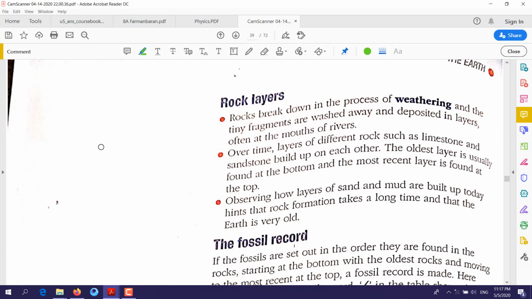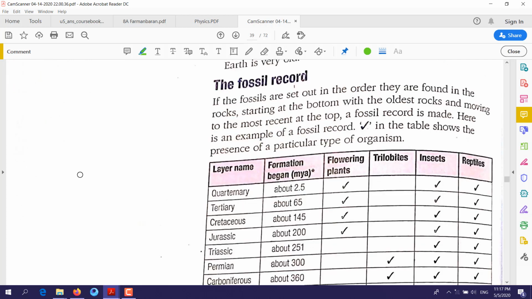So when these small pieces move from one place to another, as we said, by water for example, then these small pieces of rocks start collecting on each other until they form layers. Then the fossil record. Also, as I mentioned before, they used fossil records to estimate the age of Earth.